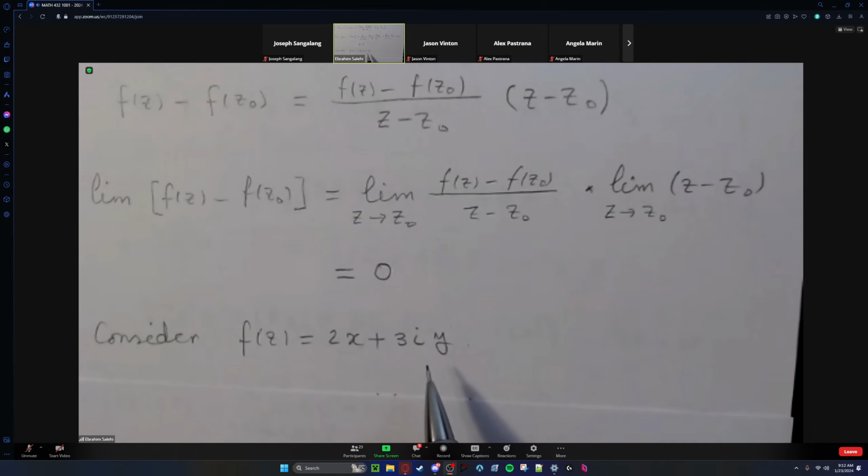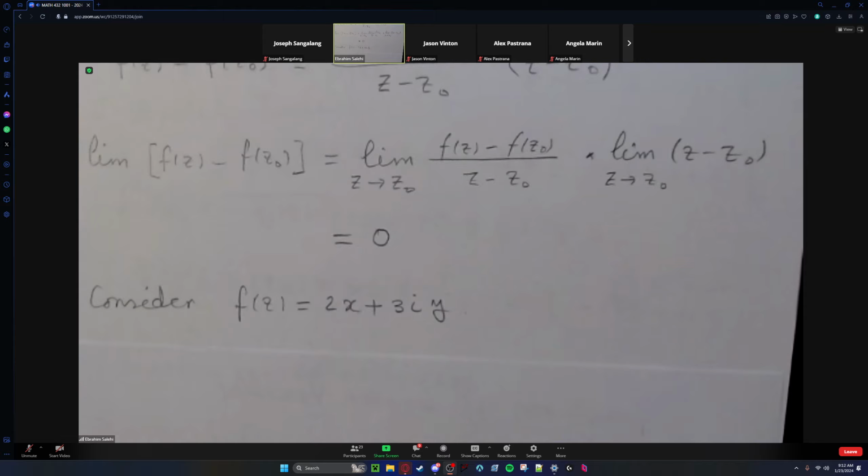This is a continuous function. The real part is continuous. The imaginary part is continuous. As a result, it's a continuous function. How about its derivative? Well, for taking the derivative, we need f of z plus delta z, right? Then we subtract f of z.